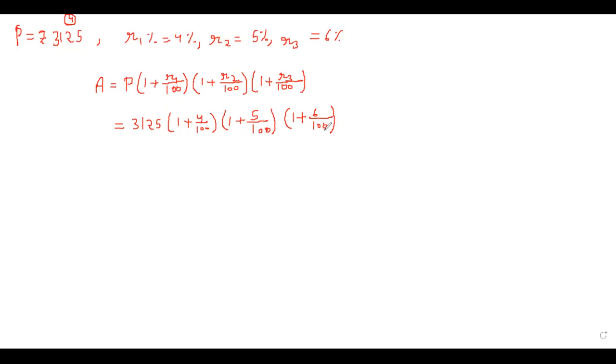Though you can use different methods to make it simpler. 3,125 into 100 plus 4, 104 by 100, into 100 plus 5, 105 by 100, into 100 plus 6, 106 by 100.